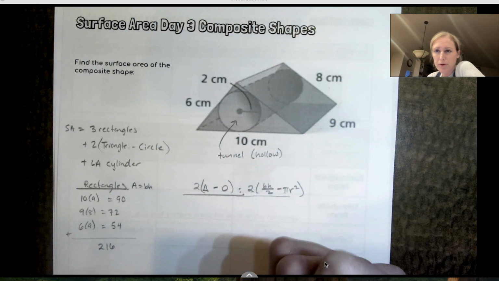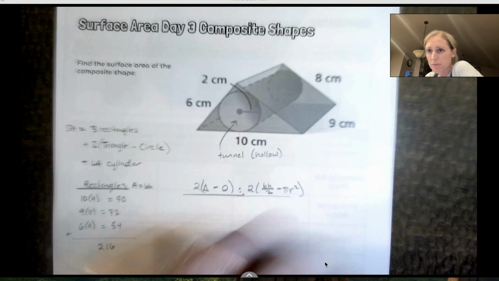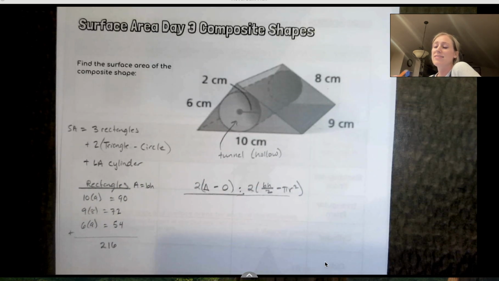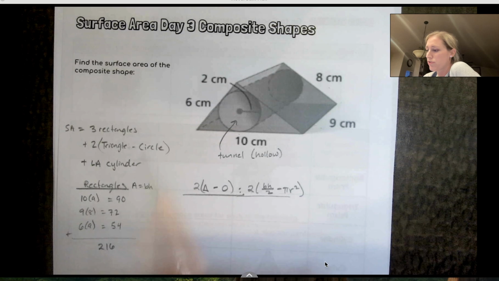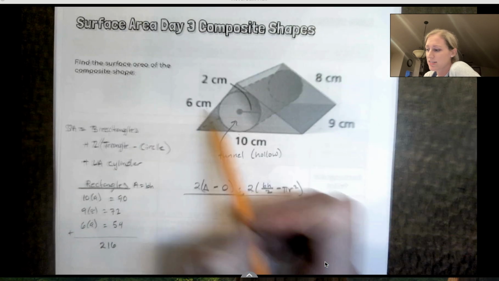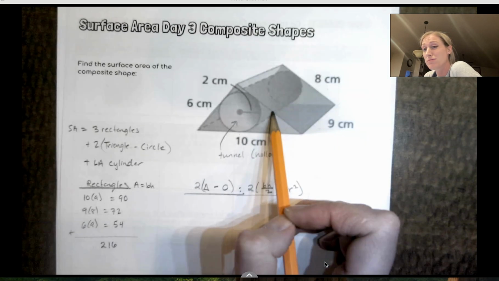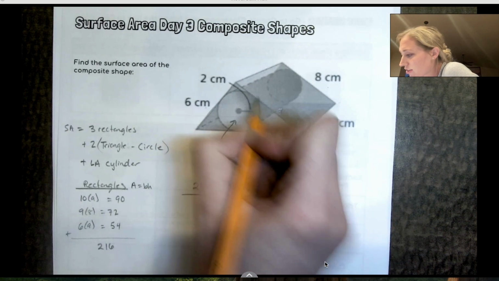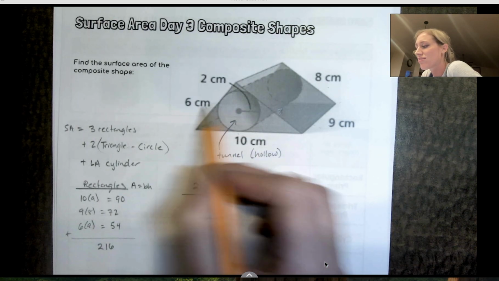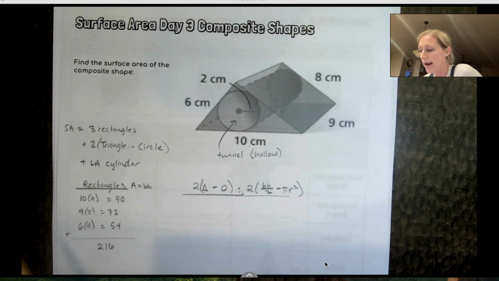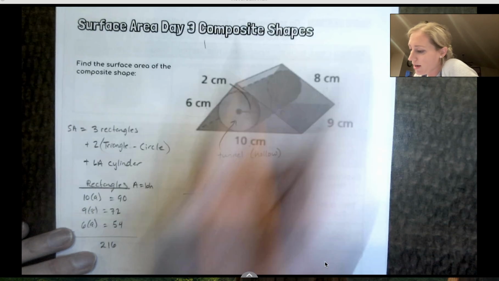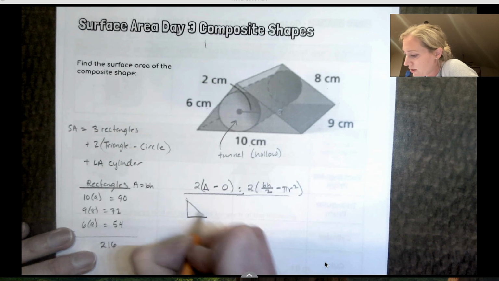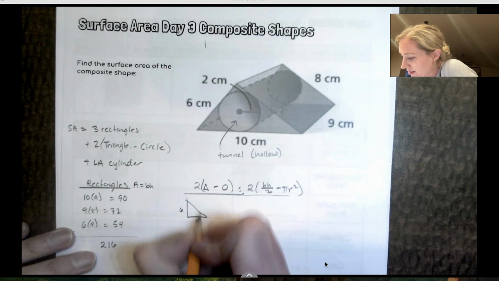If you remember, I talked about 3, 4, 5 triangles being a Pythagorean triple. Anything that's a multiple of that is as well. So 3 times 2 is 6, 5 times 2 is 10, what times 2 is 4? 8. So this is 8, and it's actually given to me right there. So 6, 8, 10 is a right triangle. I'm just going to prop that up here.